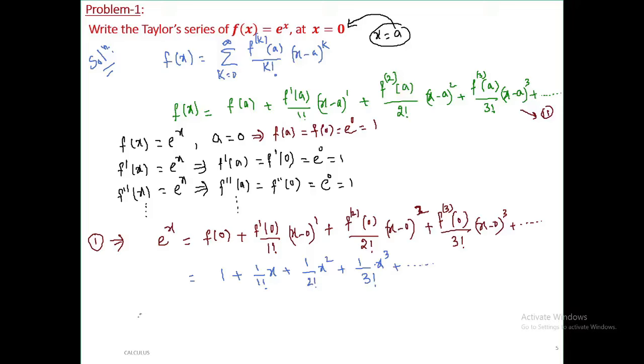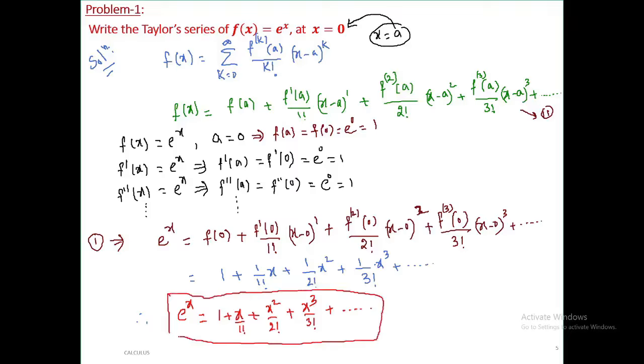So therefore the final comment is, e power x is equal to 1 plus x plus x square by 2 factorial, right, plus x power 3 by 3 factorial, okay, plus up to so on.